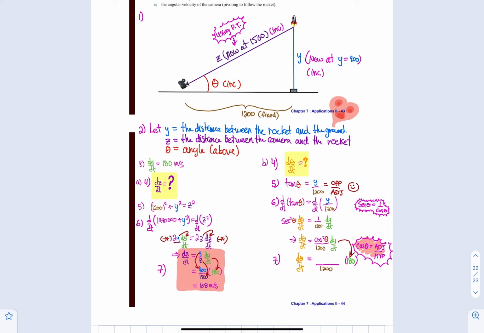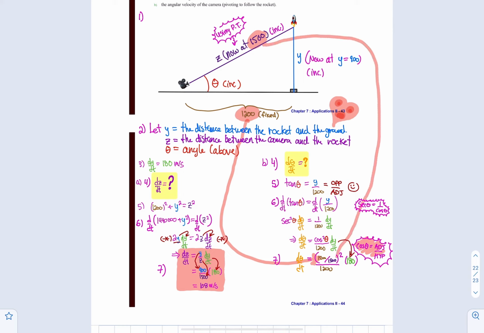Right now, the adjacent side is 1200. So I'm just going to use the adjacent side over the hypotenuse, which is 1500, and all that needs to be squared. Even if I don't know theta, I can just use its definition, adjacent over hypotenuse, and I get that ratio.